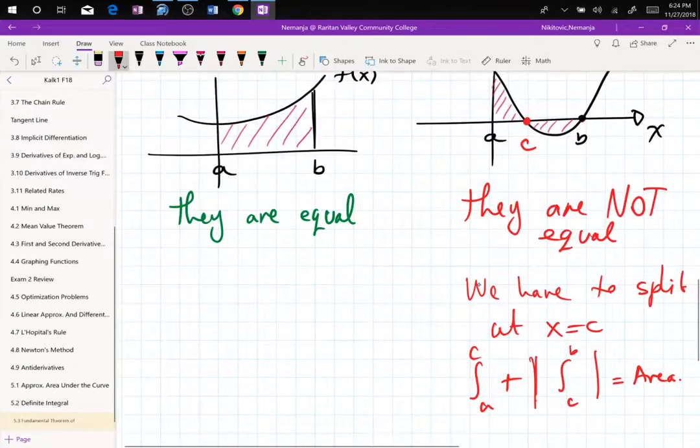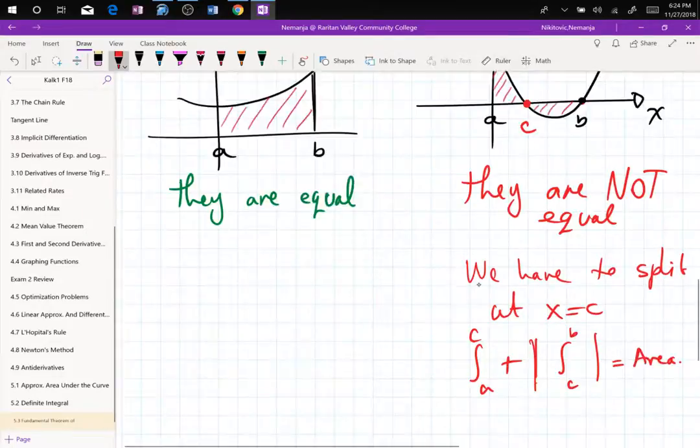So being able to compute a definite integral is not the end of the troubles. You also have to be very critical, right? And mindful of what kind of function you have and whether that function dips below the x-axis or not. So you need to be able to do that.